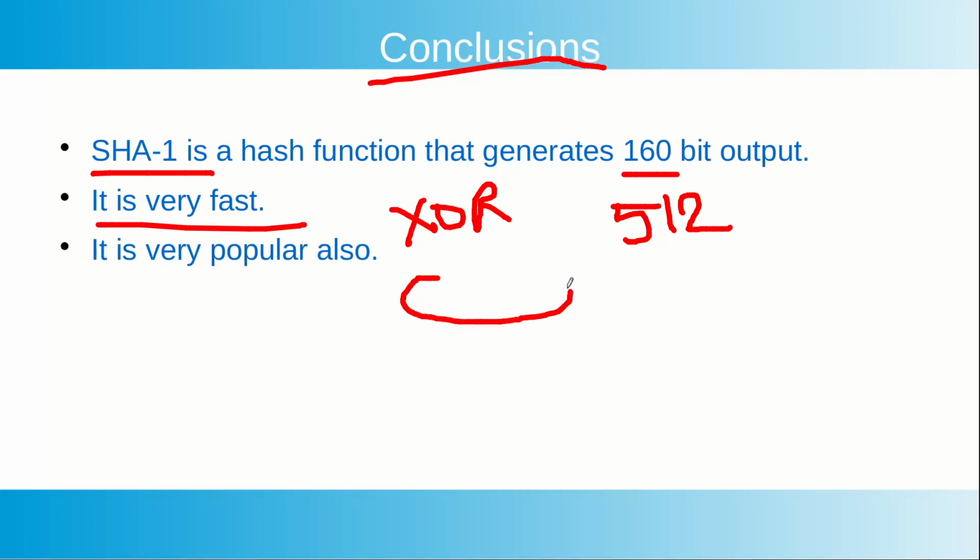Some bits will come from the first position or first few positions, and will go to the last position. So such sort of rotation or bit flipping we have used. So it is very fast, though there are 80 rounds, ultimately SHA-1 is going to produce the hash output in a very efficient way, and it is very popular also.